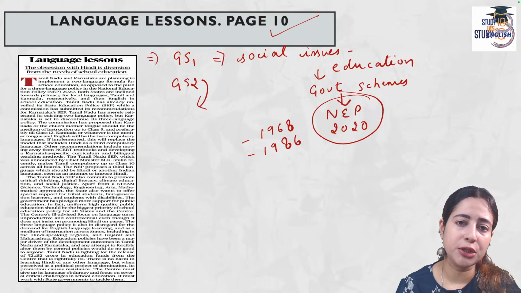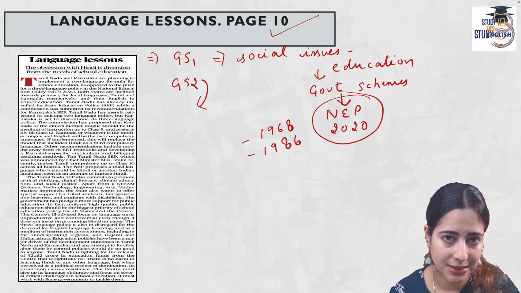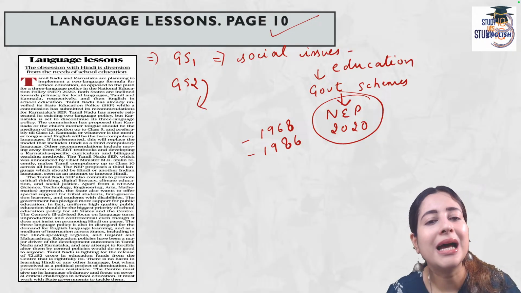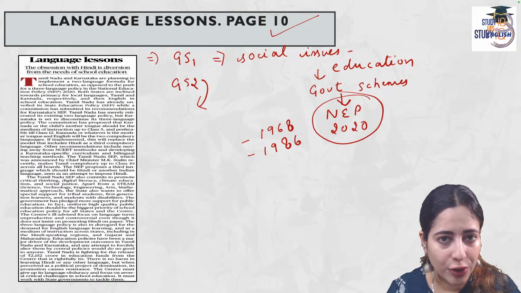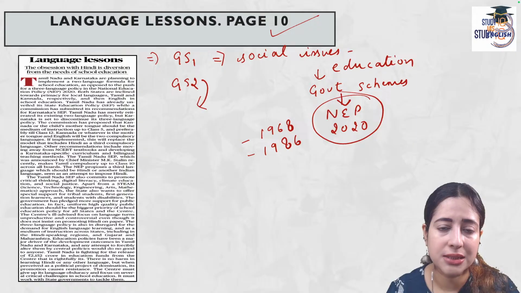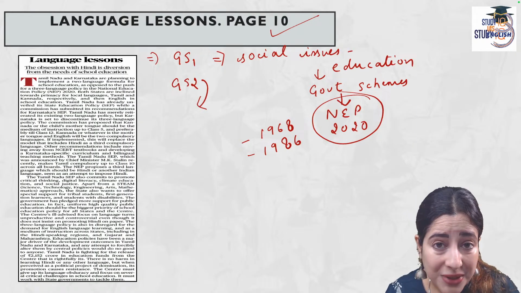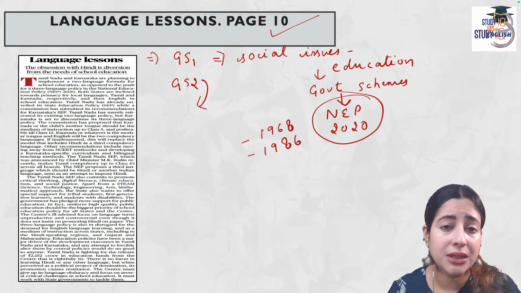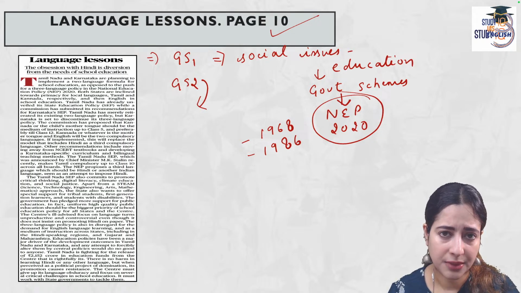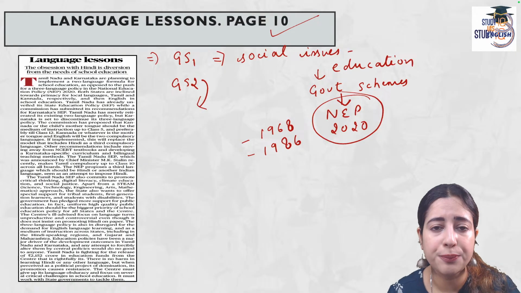In the GS paper 2, we talk about social justice, vulnerable segments of society. Once again, the lack of primary education for the vulnerable communities in India, including the scheduled caste, scheduled tribe, the PVTGs, the particularly vulnerable tribal groups of India, women, similarly, people below the poverty line.